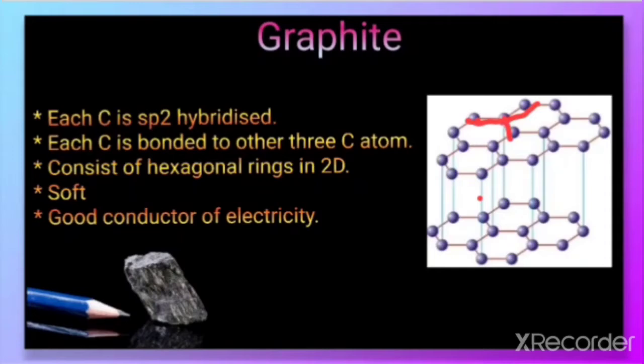So the electrons are delocalized over the whole sheet and the electrons are mobile here. Therefore graphite is a good conductor of electricity. So the structure of graphite is shown here, consisting of hexagonal rings in a two-dimensional structure.